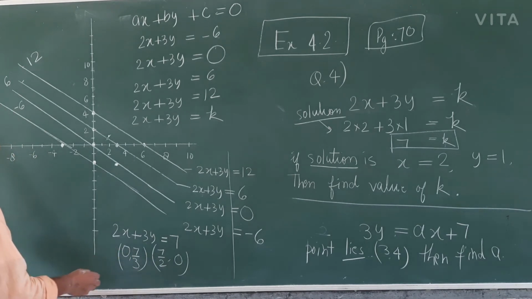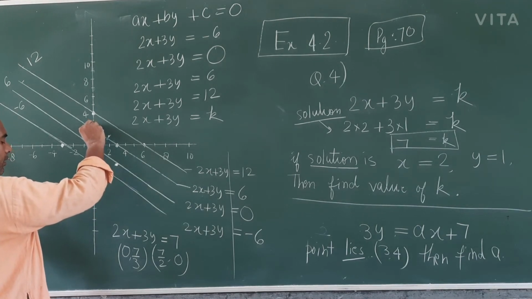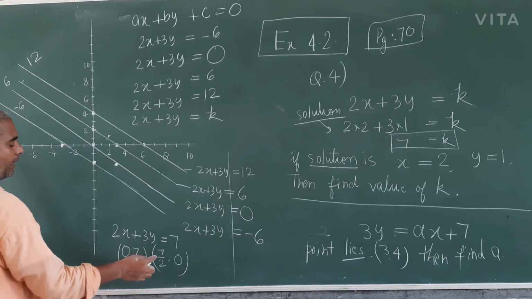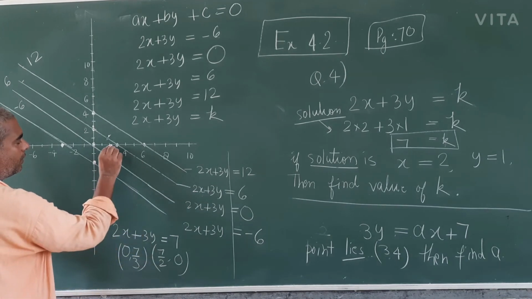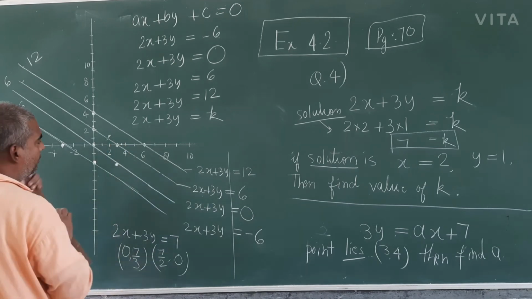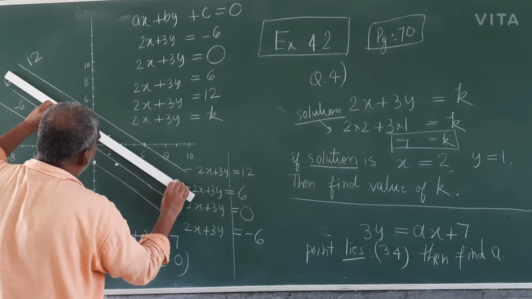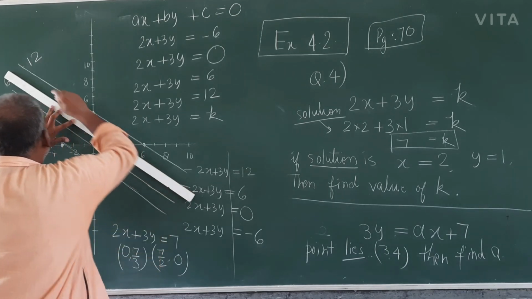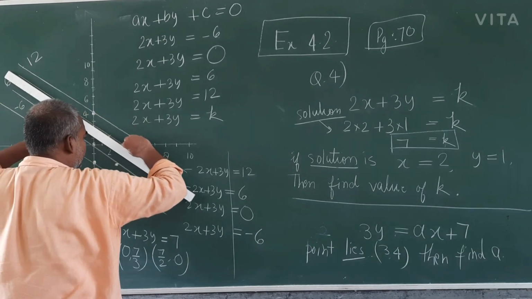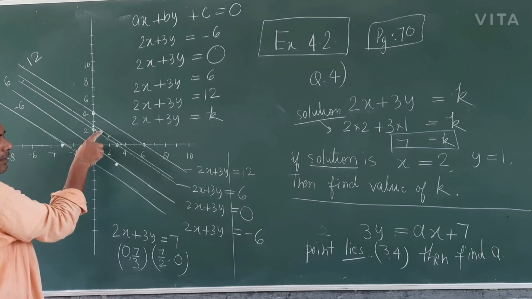This x is a little more than 2, and that was 3.5 and 0. This was a very close parallel line.